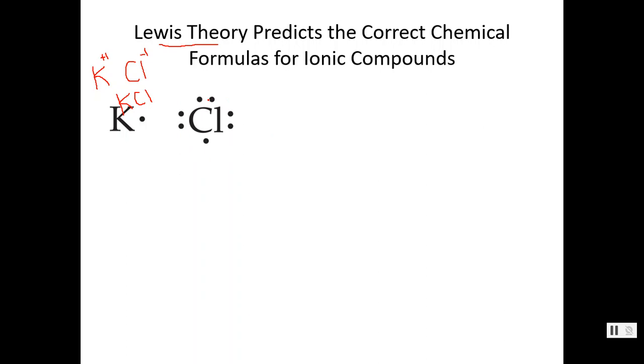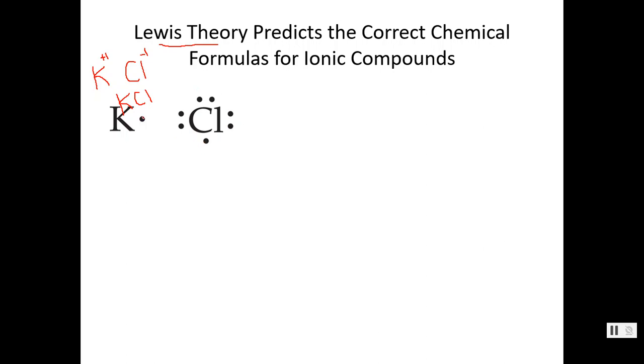Remembering this octet rule, that atoms like to beg, borrow, steal, do whatever they can to have a total of 8 valence electrons in their outer shell, you can clearly see that chlorine would love to have an additional electron. If chlorine had an additional electron, it would then have 8 valence electrons around it.